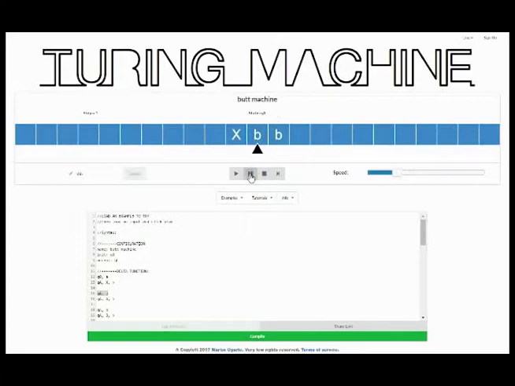From Q0, the Turing machine would transition to state QA or QB depending on the first input, and it will replace the first input with a big letter X.